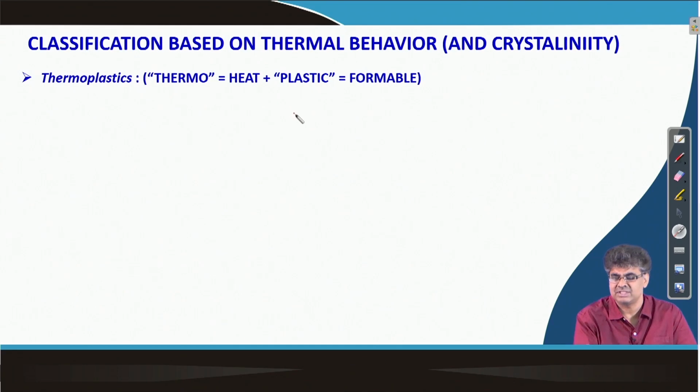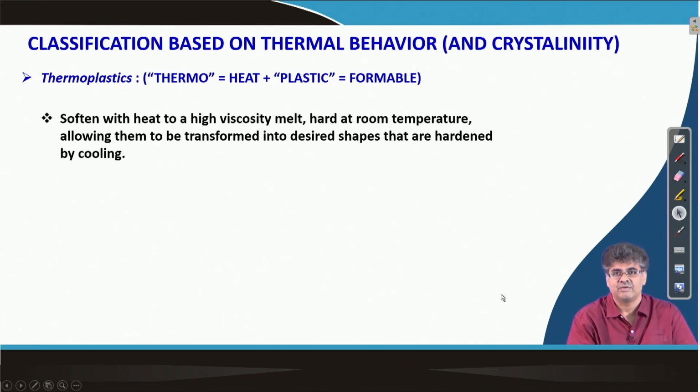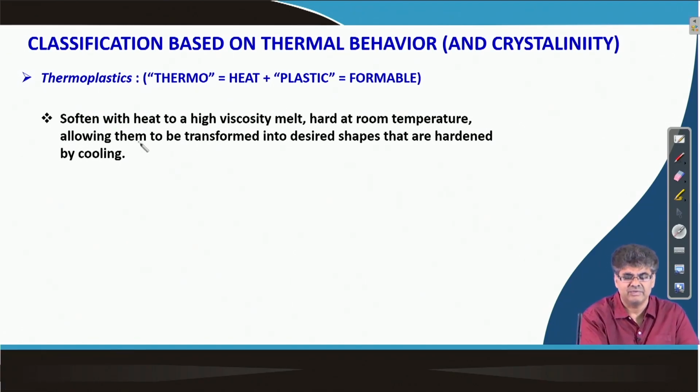So, this plastics, which is a very commonly used term in every livelihood, in general the term plastic is mostly used for thermoplastics. Thermoplastics are materials which we can heat up, soften, and then make whatever design we want. Basically, it softens with heat to a high viscosity melt, and it becomes hard when you cool to room temperature.